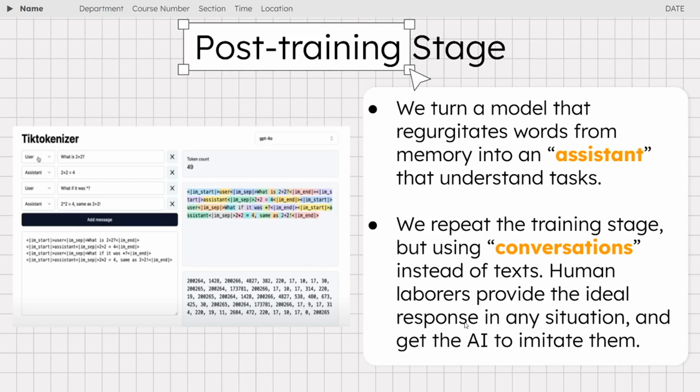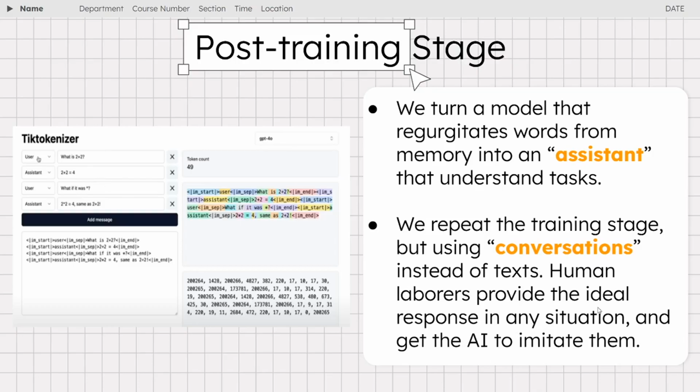They have to follow a very specific format and give very specific, good answers. This is so that the AI can imitate them. If we provide a lot of conversations, the AI will be able to follow this process, this format, and generate its own conversations.